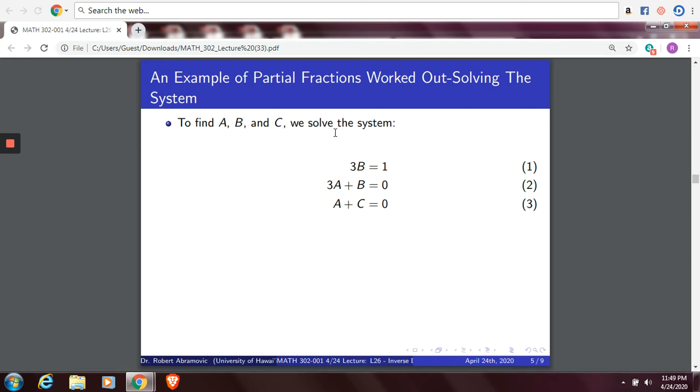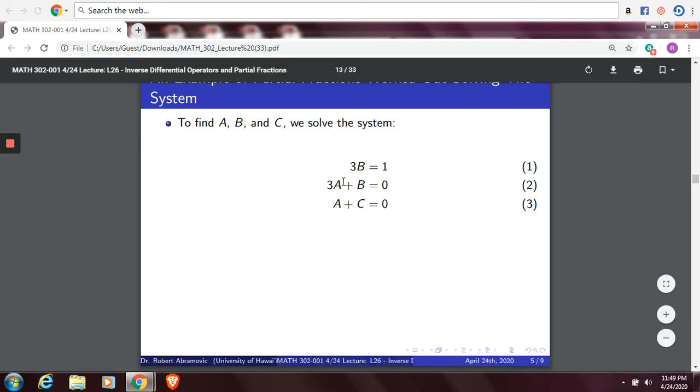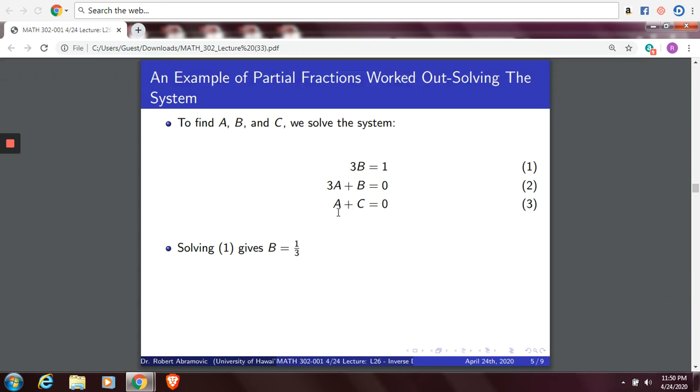To find a, b, and c, we solve the following system. 3b is 1, 3a plus b is 0, a plus c is 0. Solving 1 gives you b is equal to 1/3. Plugging b equals 1/3 into 2 gives a is negative 1/9, because b is 1/3.